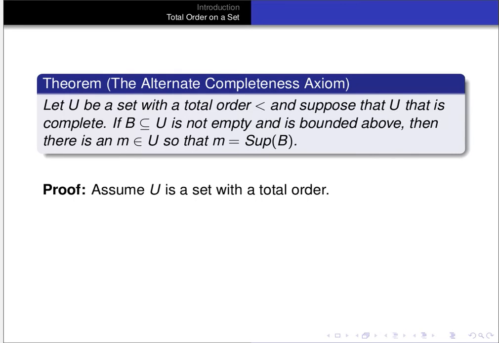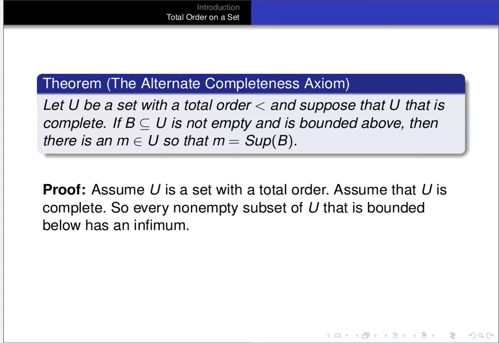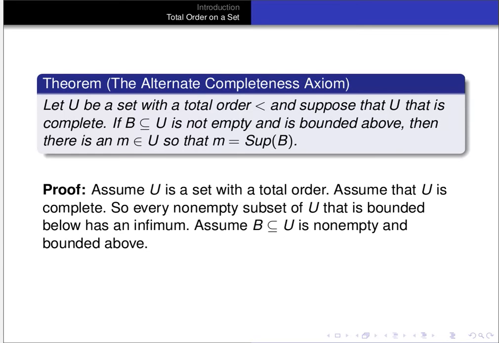So let's say U is a set with a total order, and let's say U is complete. We know again that every non-empty subset of U that's bounded below has an infimum. And let's suppose we have a non-empty set B that, instead of being bounded below, is bounded above. Now we need to show that this set has a supremum.